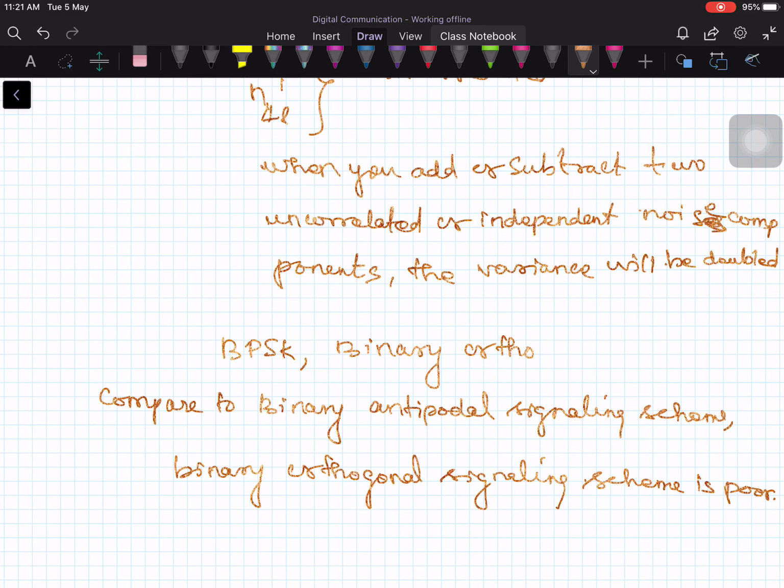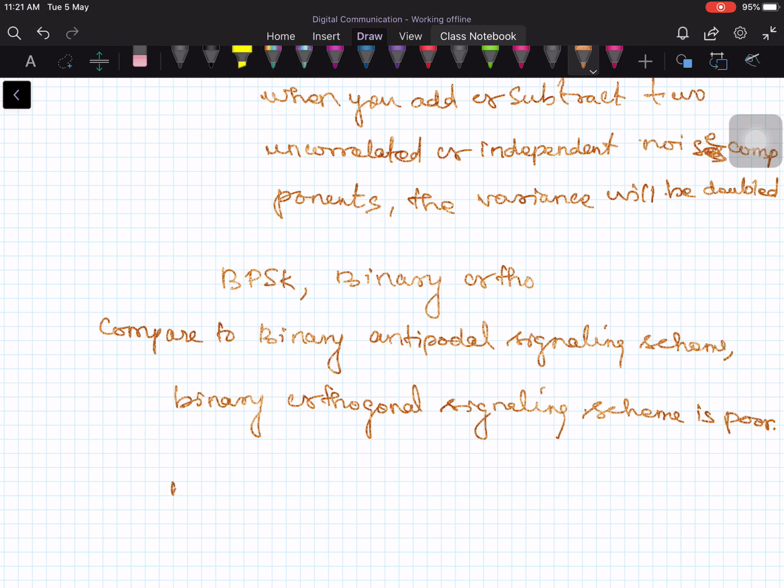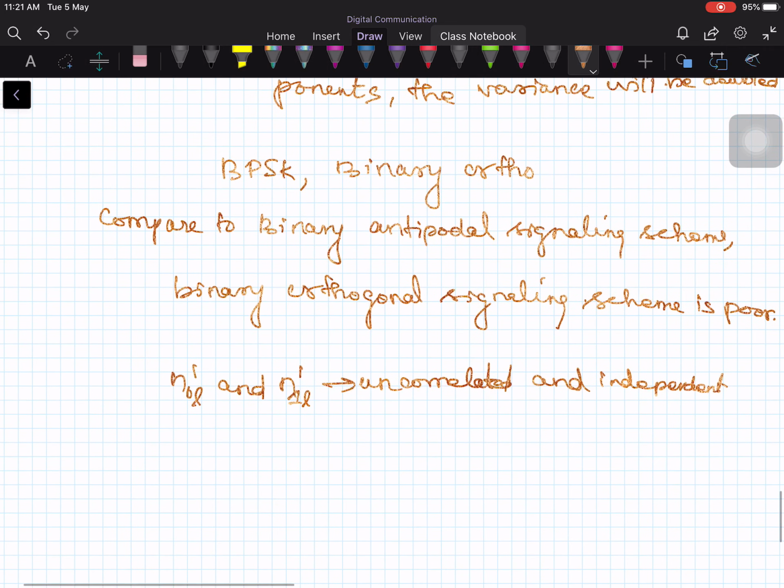The noises N0L prime and N1L prime are uncorrelated and independent, identically distributed random variables.